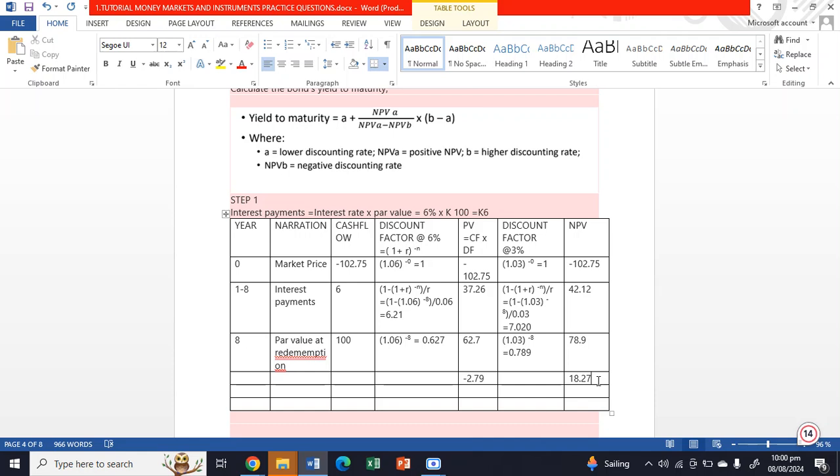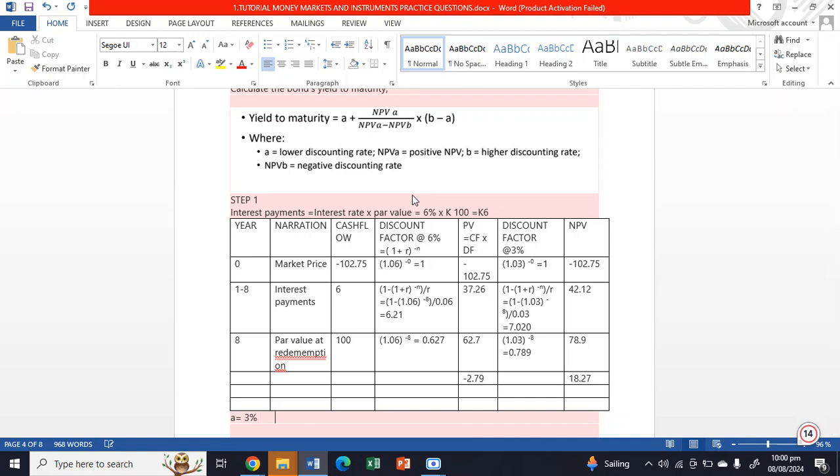Yes. So now we can get the yield to maturity using this formula. Remember, the yield to maturity is just the total return you expect to get after you hold the bond for 8 years. This total return includes the interest payments, any capital gains, or any capital losses. So A represents the lower discount rate. In this case, our A is 3%.